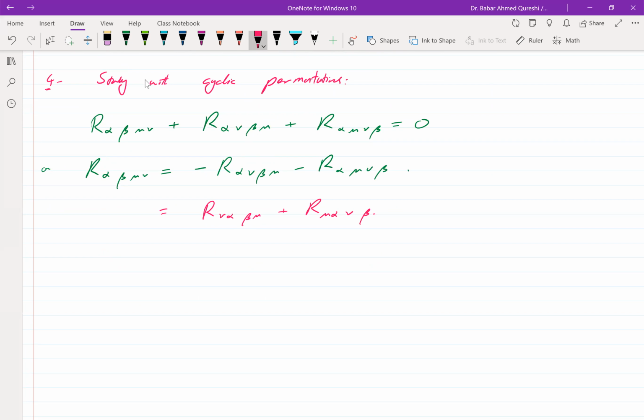Now what I can do is again replace these by a cyclic combination. So keep the nu as it is. I know that I'll just have to include the other combinations in the cycle and with a minus sign.